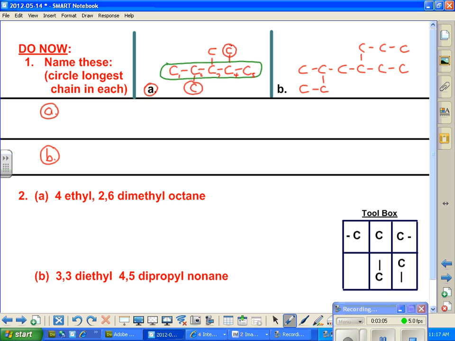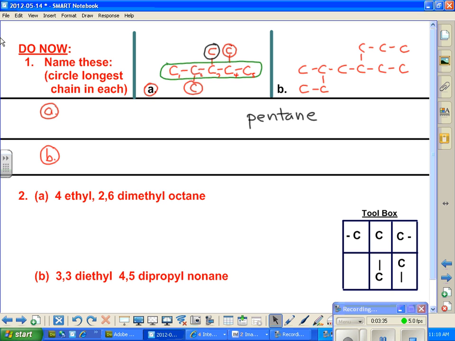I'm going to use black for the root name. As we've numbered the carbons, this is a 5-carbon chain as the longest chain. And because it's a 5-carbon chain, we can name this pentane. And we have actually three different methyl groups here.